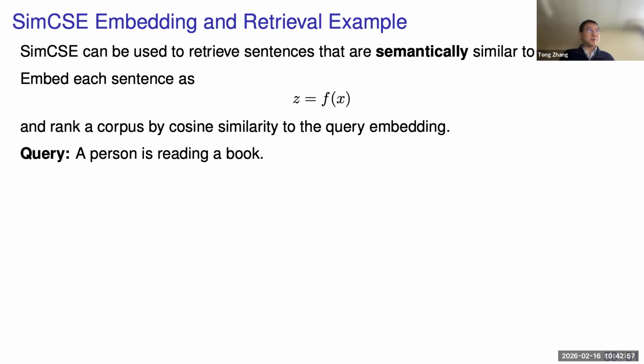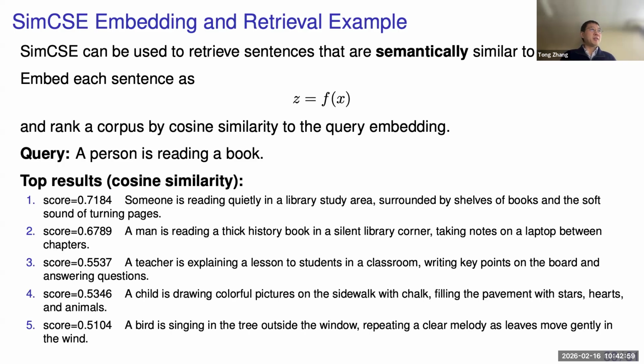So this is the query, and you find the best one. And this one is actually provided in the code, using the SimCSE embedding. You can apply others. Then you just compute embeddings of the sentences and the query, and compute the similarity score.